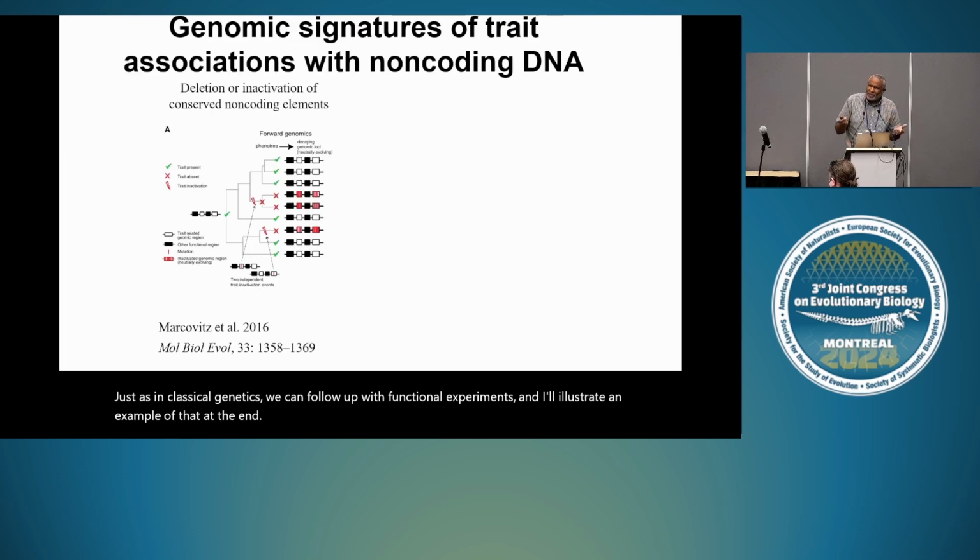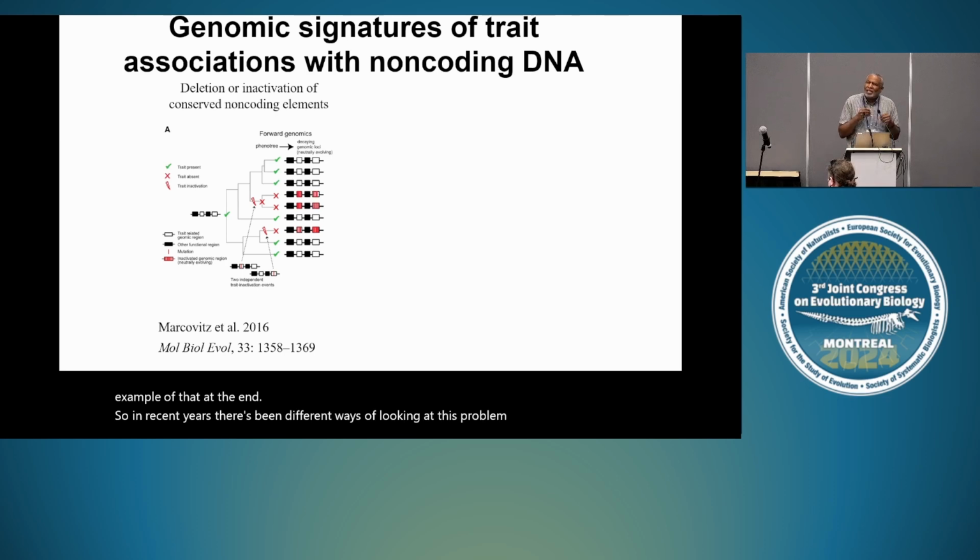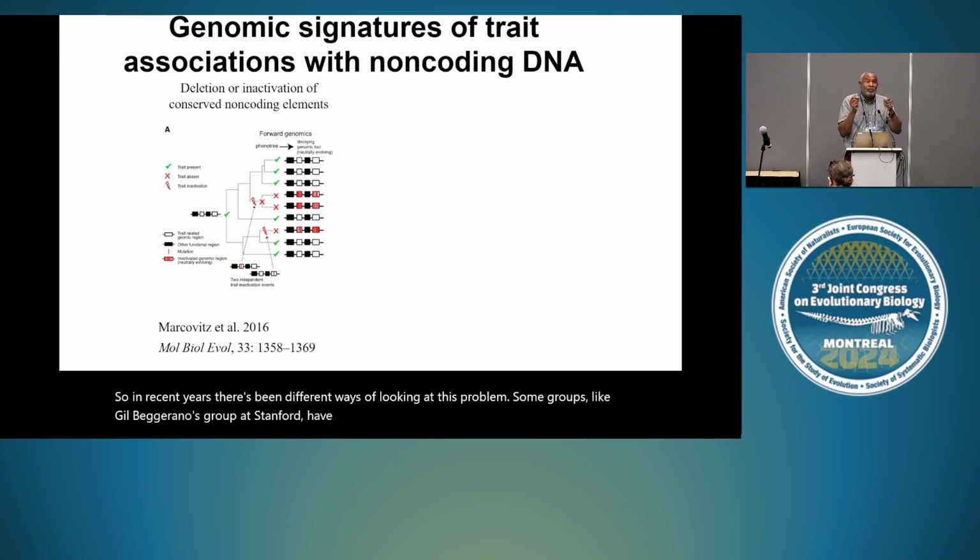So, in recent years, there have been different ways of looking at this problem. Some groups, like Gill Bejerano's group at Stanford, have been taking the approach of finding regions of the genome, non-coding regions especially, that have been deleted in lineages that have a certain trait or are missing a certain trait. And that's illustrated here. So you're looking for a physical deletion from the genome, whether in a gene or a non-coding region.